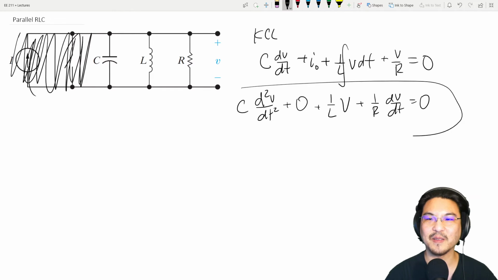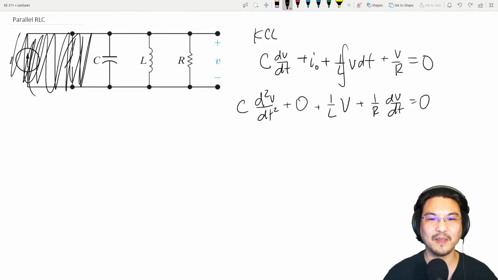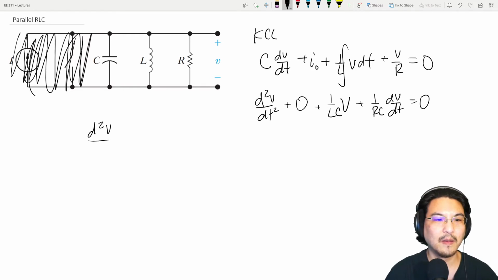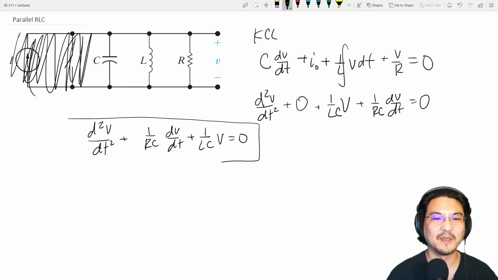Okay, now let's take a look at this. Let me rewrite it. Let me divide everything by this coefficient over here, C over C. And then let me just rewrite it over here in decreasing order of the derivative. Okay, now take a look at this.